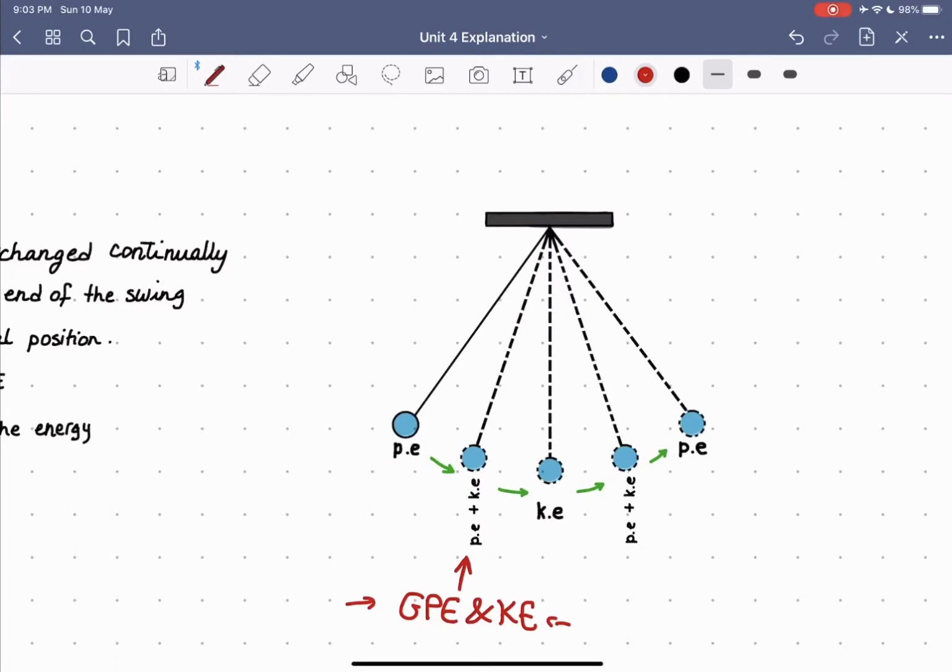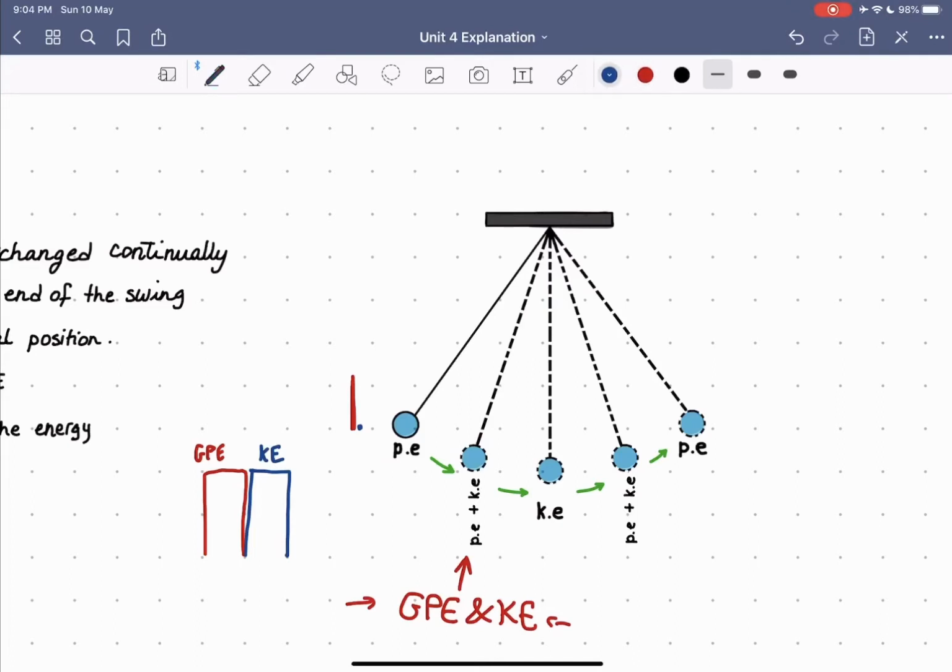Okay, and in this specific case, it's like if you have two bar graphs, where this one shows the KE and this one shows the GPE. Then in the first one, all the energy was GPE and we had nothing for KE.